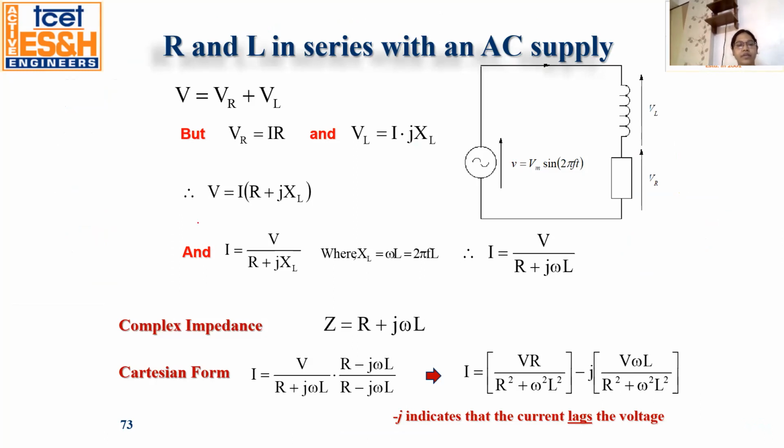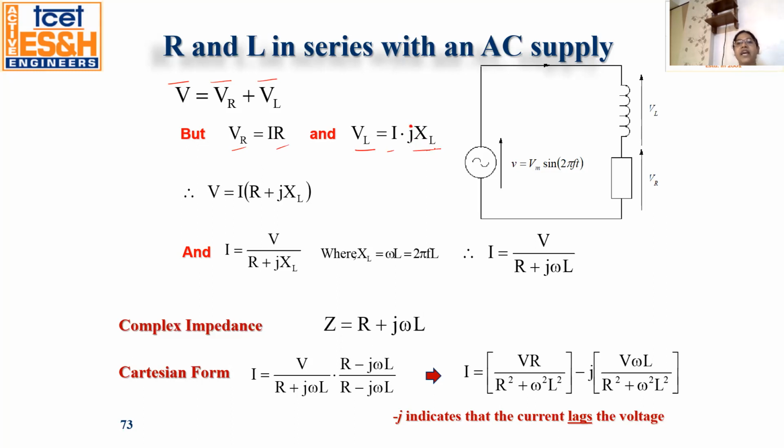Now these are some important formulas. The vector sum of V is equal to VR plus VL, where VR is I into R and VL is I into jXL. Now j is the operator which we discussed in our previous lecture.